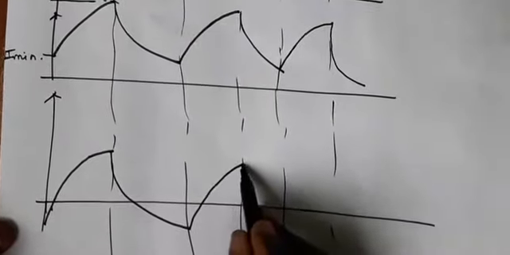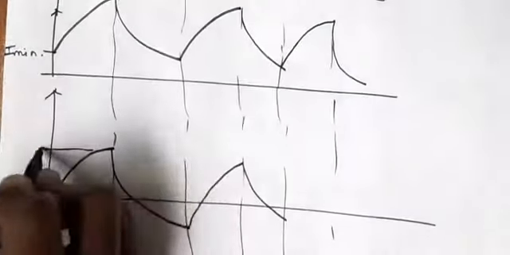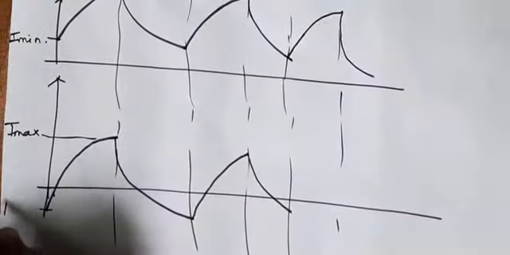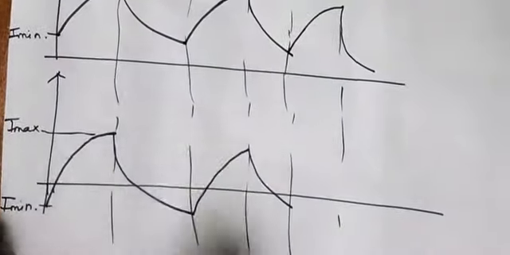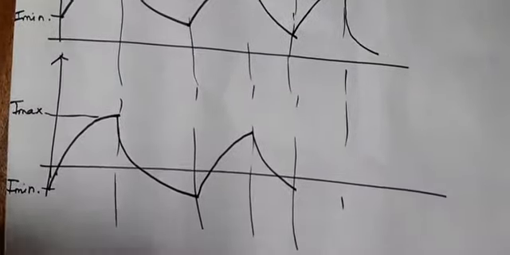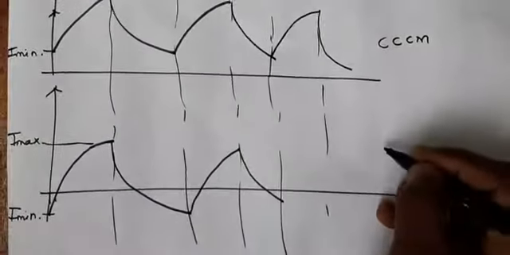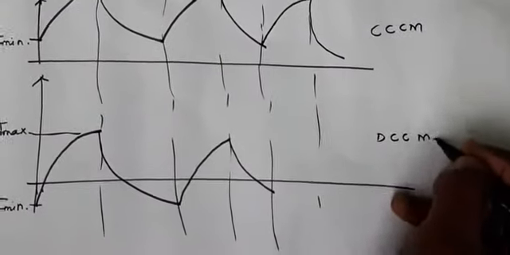So on, off. Now we have our Imax here, and our Imin here. There are a few things to note. This is continuous current conduction mode, and this is discontinuous current conduction mode.